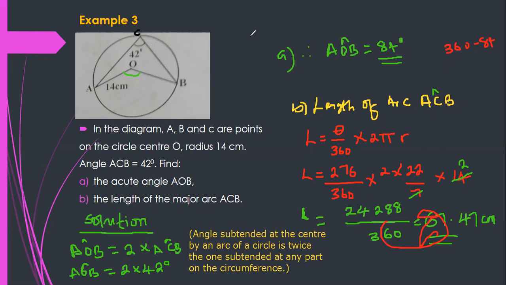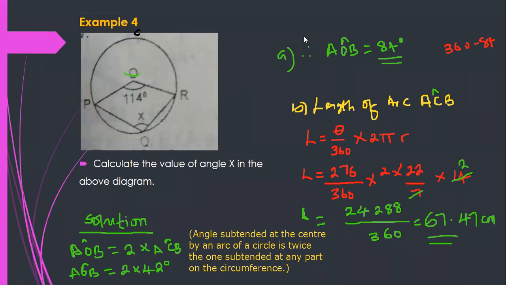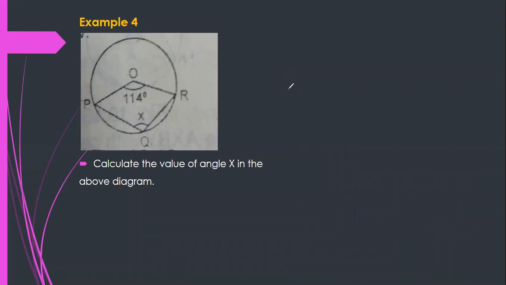Okay, so let's move to the next example. Let's get rid of the screen. So this is the last example. Calculate the value of angle x in the above diagram. So this is very simple based on the theorems that we have considered.